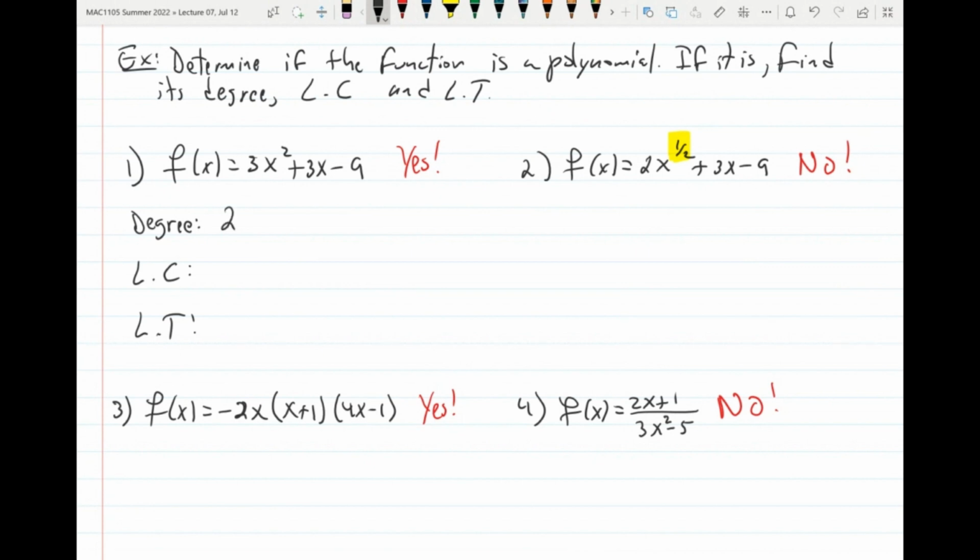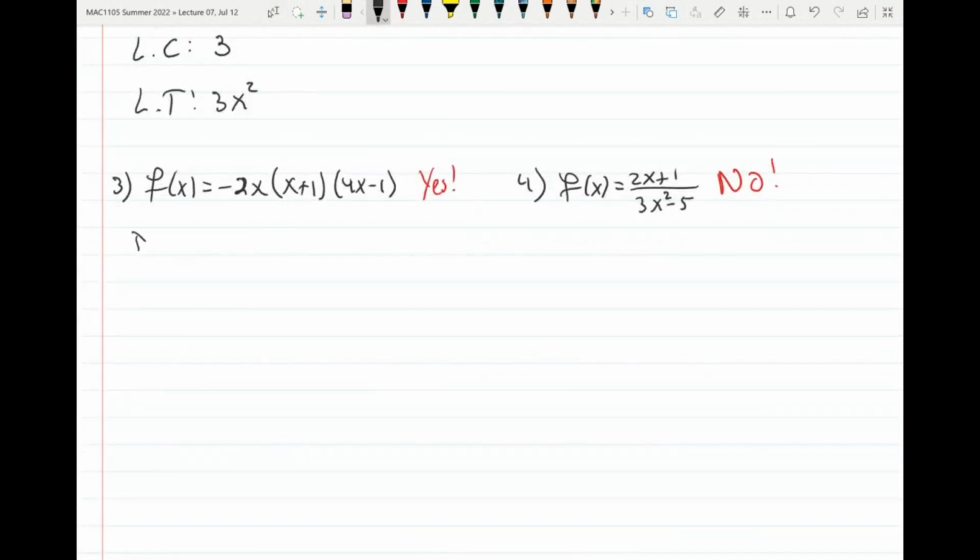Degree is 2. Good. What's the leading coefficient? 3. That's the number in front of the variable with the highest power. And what's the leading term? 3x squared. Do you understand this? Okay. About this one.